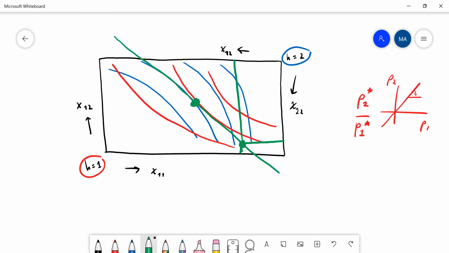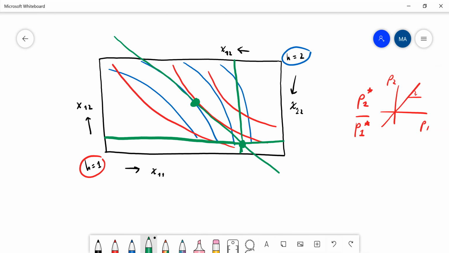So initially, people have endowments. This is E11. This is E12. So then this is, wait, I have a mistake here. This is E21, not E12.